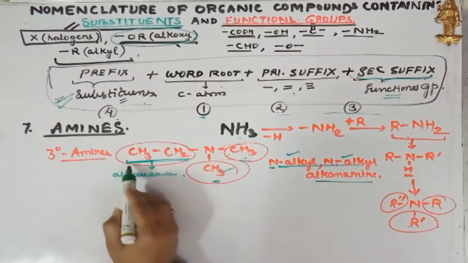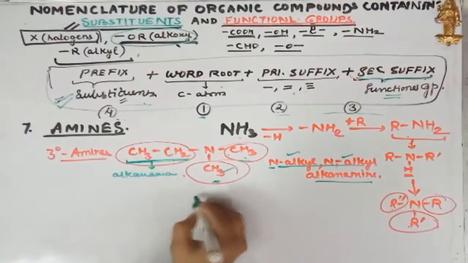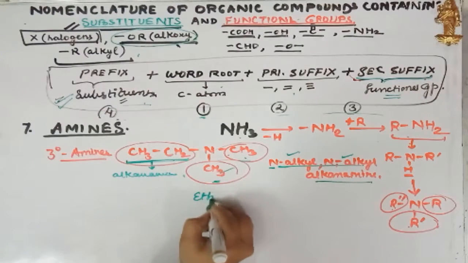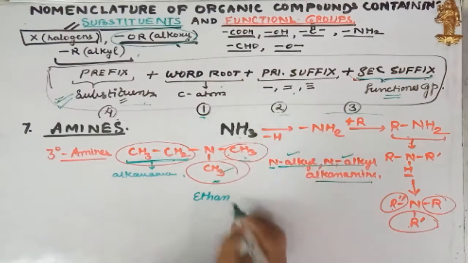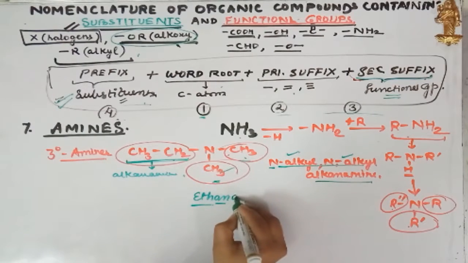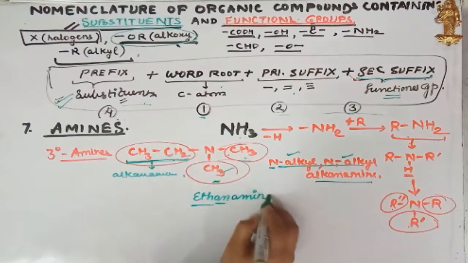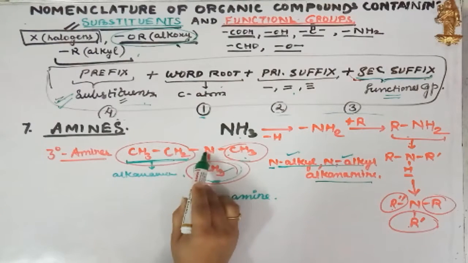Now we name the compound starting with the word root. How many carbon atoms? 2, means eth. No double bond, no triple bond, primary suffix ane. Secondary suffix, functional group amine. So this becomes ethanamine.